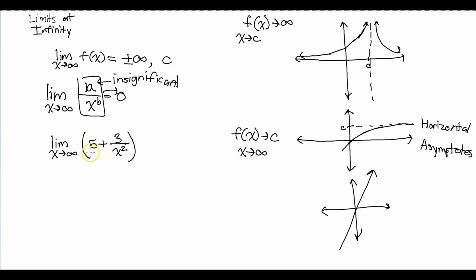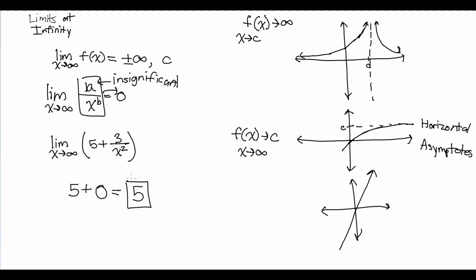This is a constant, okay? So even as x changes, since it's a constant, the limit of a constant is always equal to that same constant. So 5 plus 3 over x squared. Remember, as x becomes infinitely large, the denominator will become infinitely larger than the numerator. So the expression will approach 0. So 5 plus 0 equals 5.